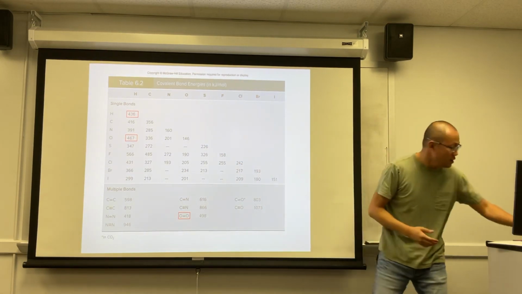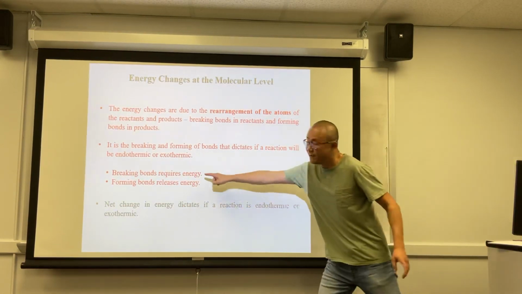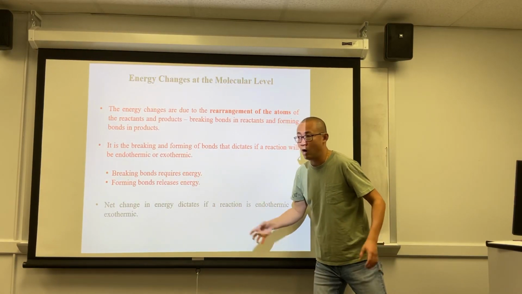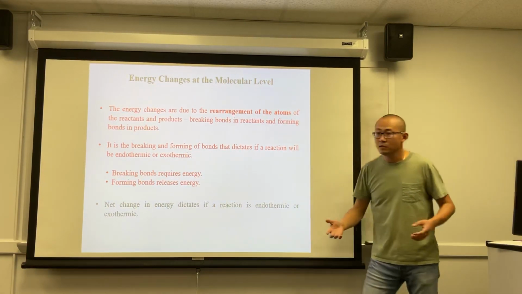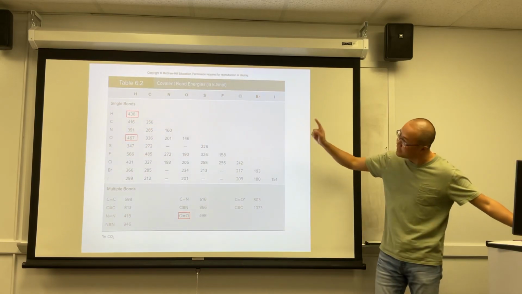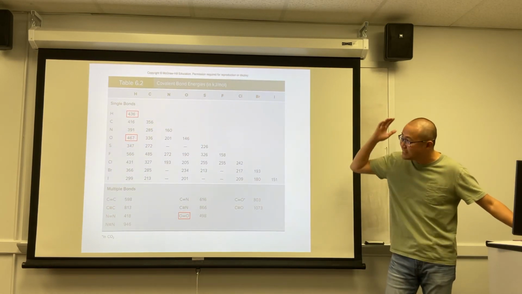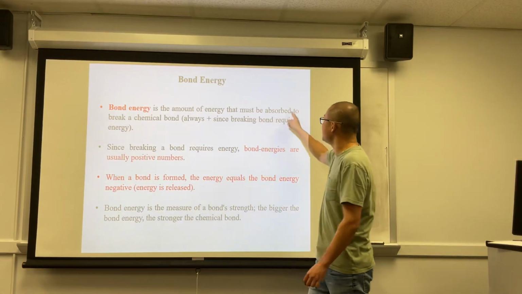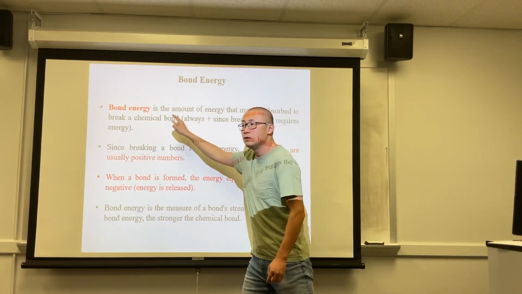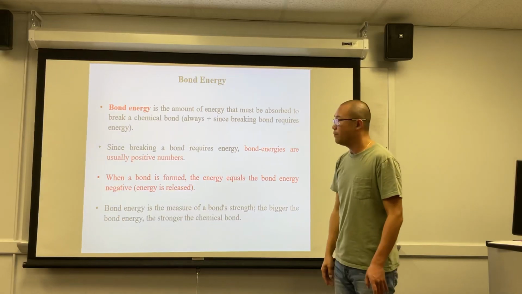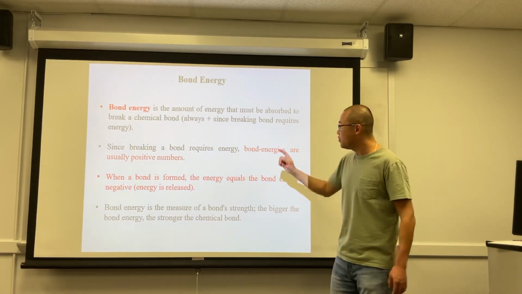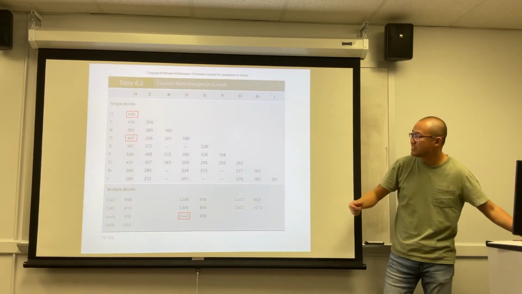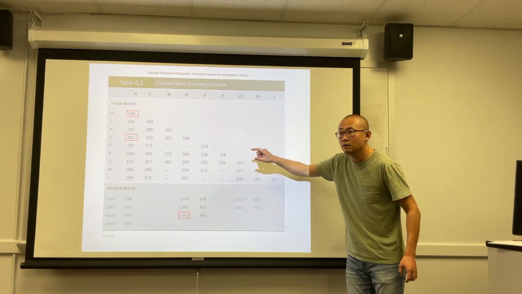Remember we said earlier, breaking a bond requires energy. Absorbing energy means positive. So all these bond energies, and also the definition of bond energy, is the amount of energy that must be absorbed to break a bond. That is why in that chart, all these numbers are positive numbers.